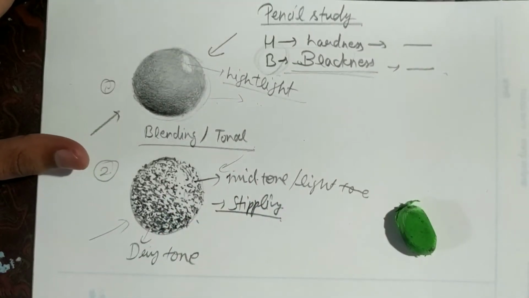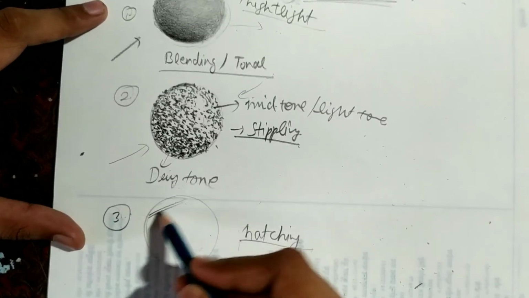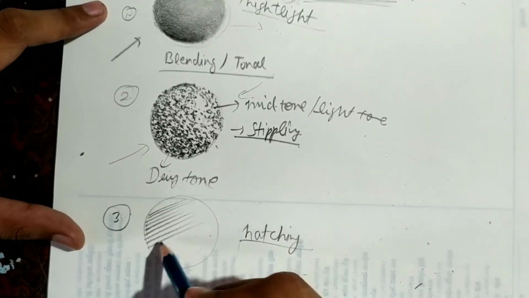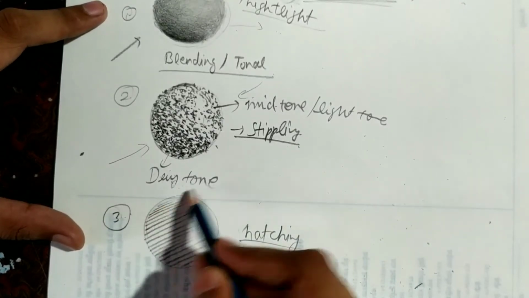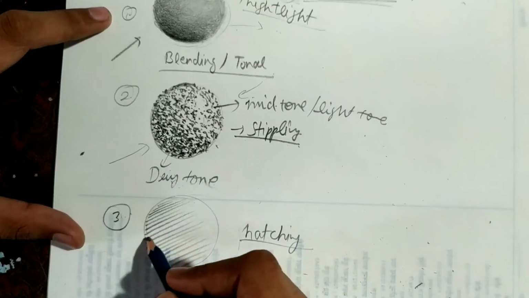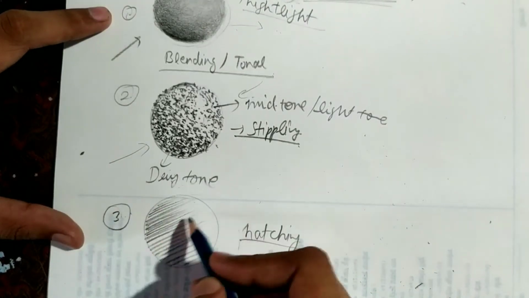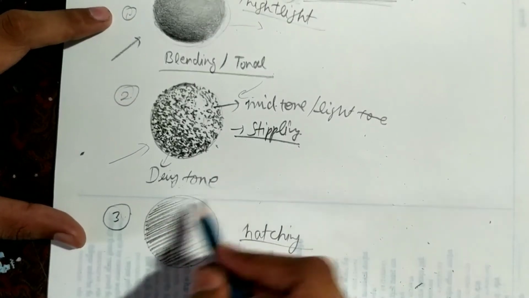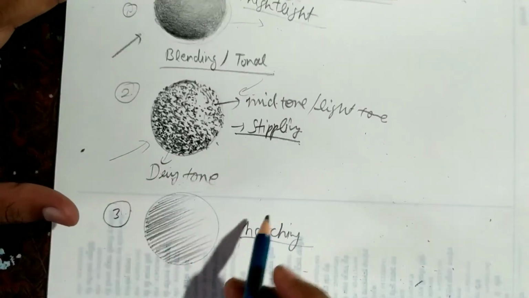Moving on, the third technique is hatching. This is called hatching. The same thing is happening here. If the lines are too close to each other, it will provide a dense, dark area. And if the lines are far from each other, it will provide a light tone.